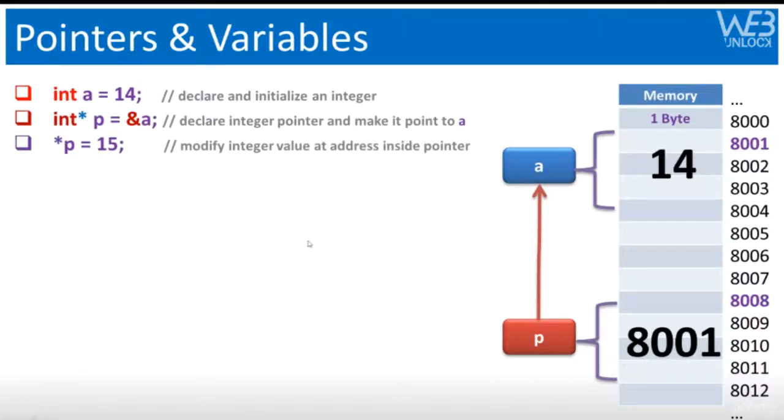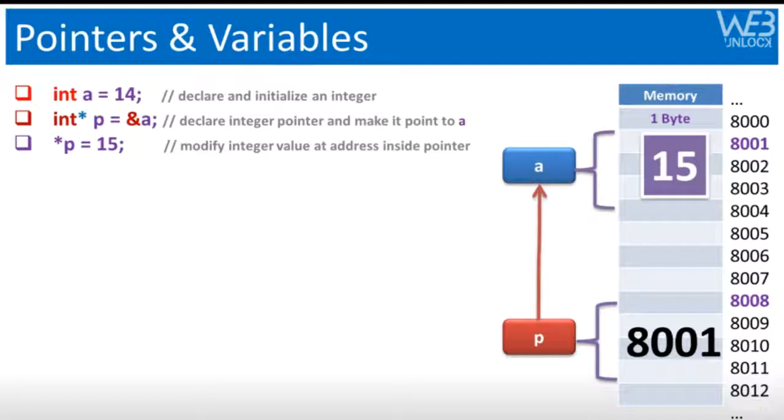Next, when we say contents of p equals 15, what we're trying to do here is indirectly access that memory that the p points to and change it. So by doing this, we say modify the integer value at the address inside our pointer. So this means contents of this memory address should change, make it 15. And as a result, the compiler will translate this into placing 15 in that memory address.